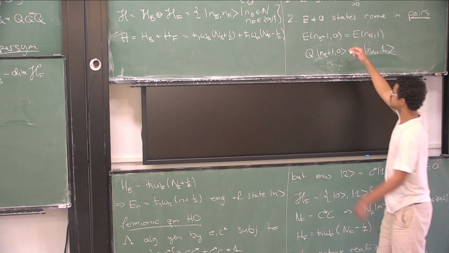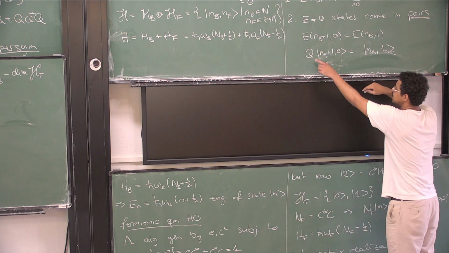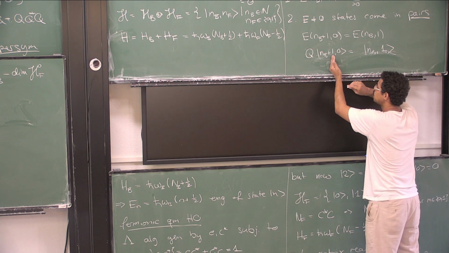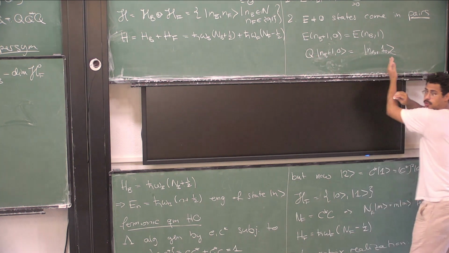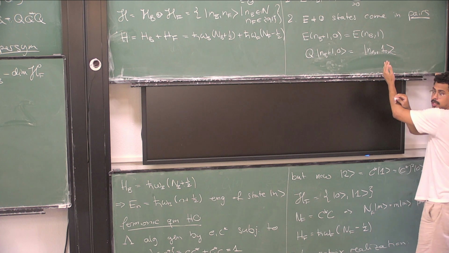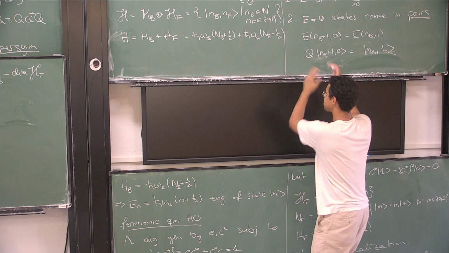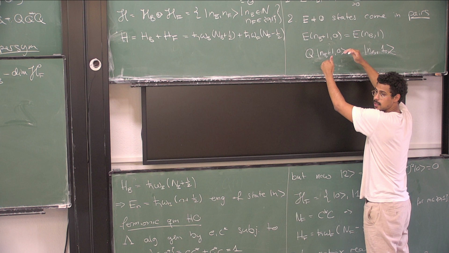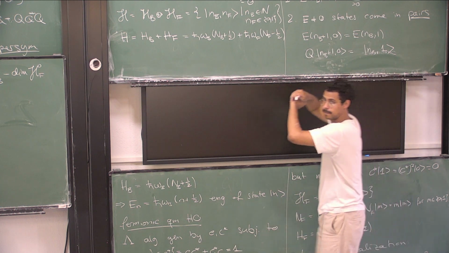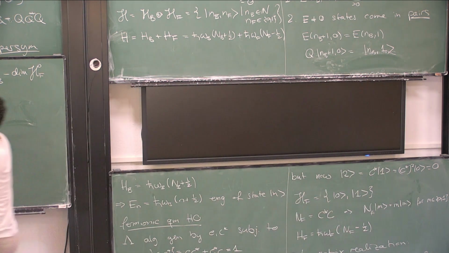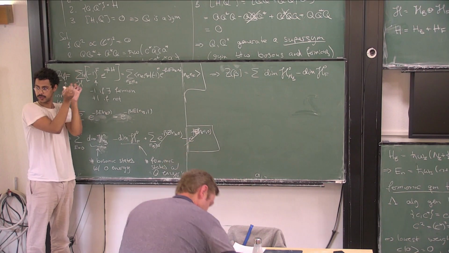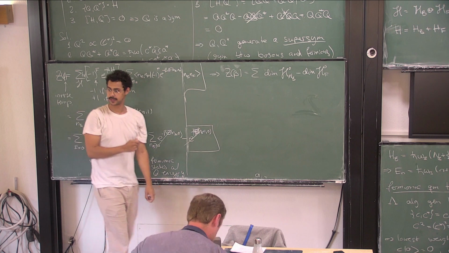So what this means is that these pairs of energy come, if you find one with the energy, you can just apply Q or Q star to it, and then you find your pair. So this is a completely general fact that these things come in pairs, and you can prove it essentially by using this relation as we did before with the commutator.